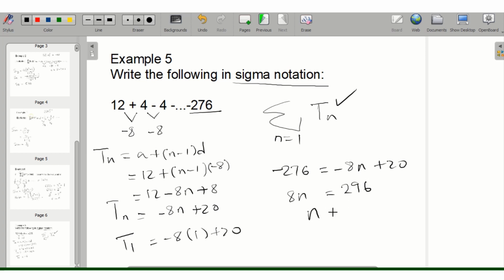So divide by 8 on both sides, you will get 37. So that tells you that minus 276 is term number 37. So we can go and then say our series will be sum of minus 8n plus 20, starting at n equals to 1, ending at n equals to 37.